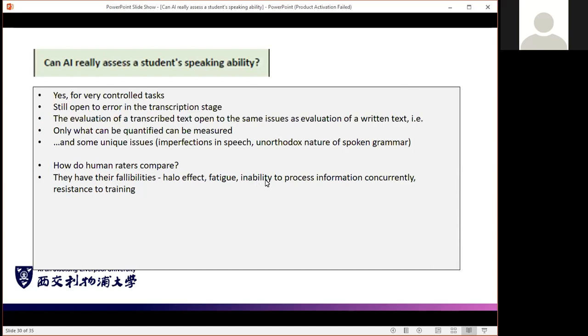Human raters have an inability to process information concurrently. So a computer system can take 100 measures and it can monitor them all at the same time. But the human can only focus on one or maybe two tasks or two features at the same time. And there's a resistance to training.